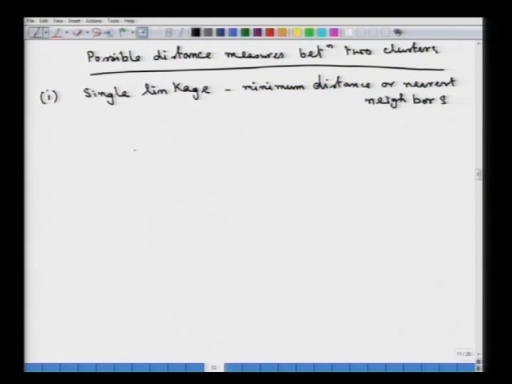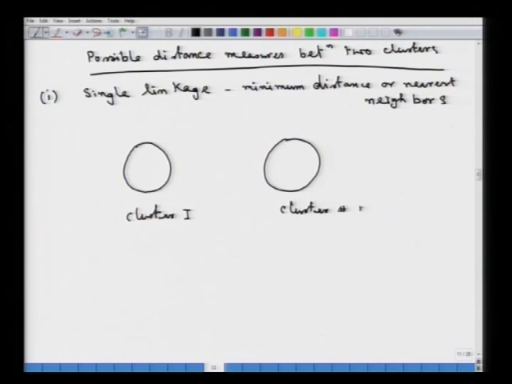Let us take this particular example. Suppose I have 2 clusters. So, this is say cluster number 1 and this is cluster number 2.